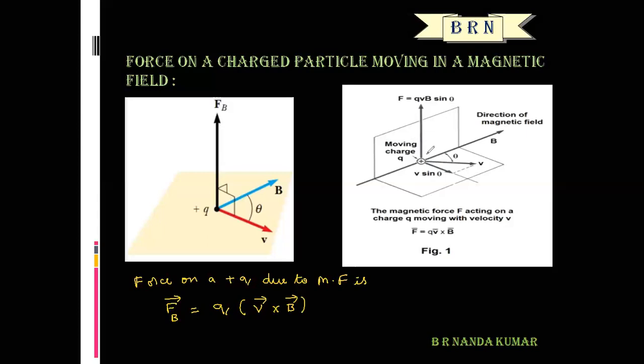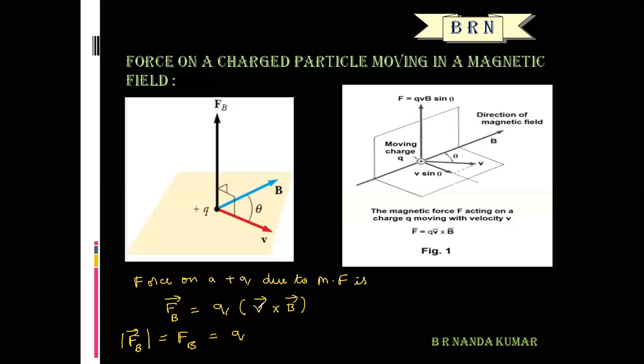So this is the magnitude of the force acting on the charged particle due to the magnetic field. What is the meaning of cross product of two vectors?